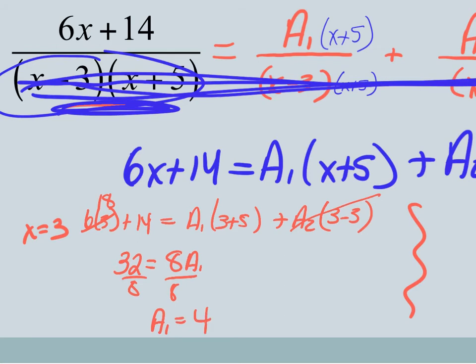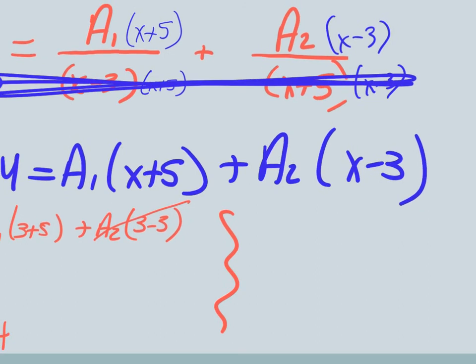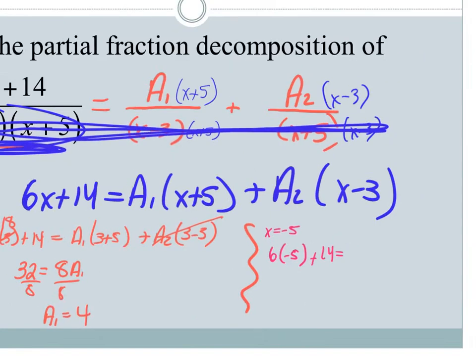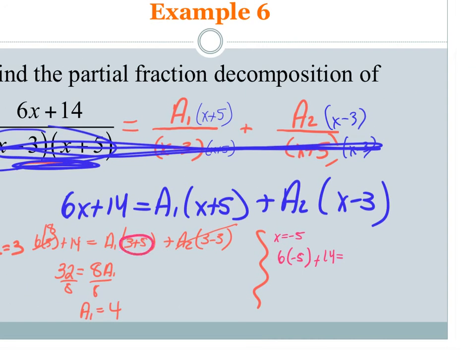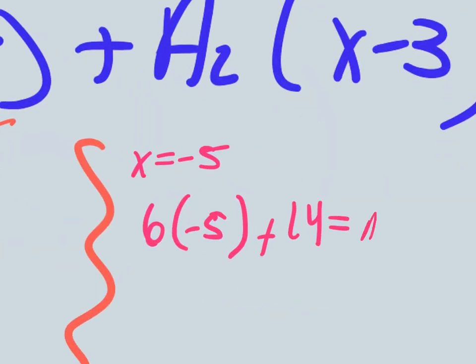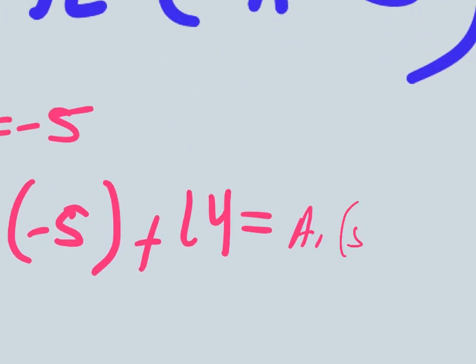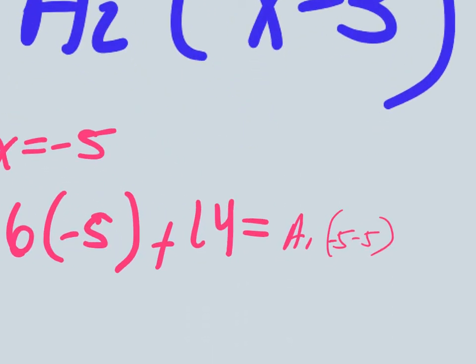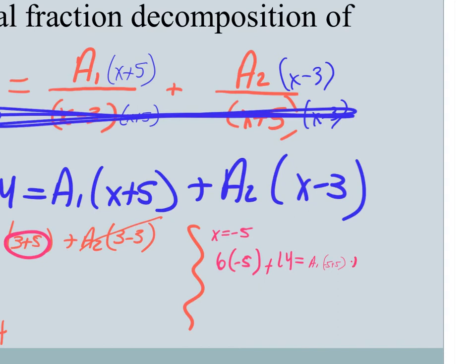You guys with me? All right, I'm going to do the exact same thing, but instead of plugging in 3 this time, what was the other 0 I want to plug in? Okay, so x equals negative 5. Just remind yourself. So again, 6 times negative 5 plus 14 equals a sub 1 times negative 5 plus 5, and then plus a sub 2 times negative 5 minus 3.